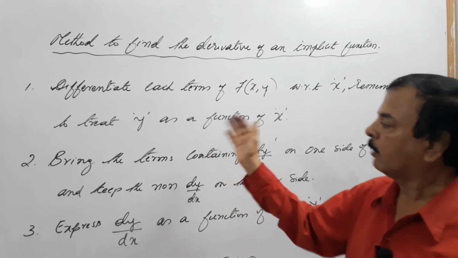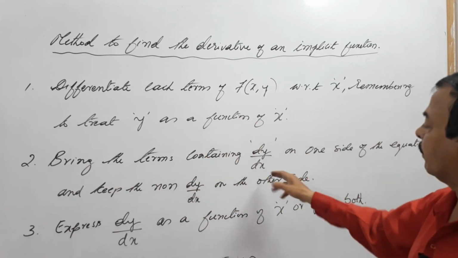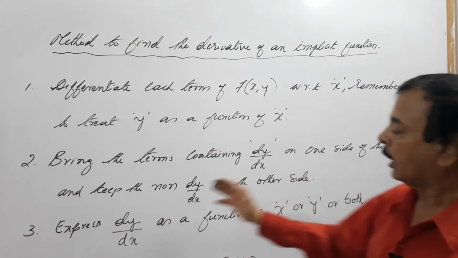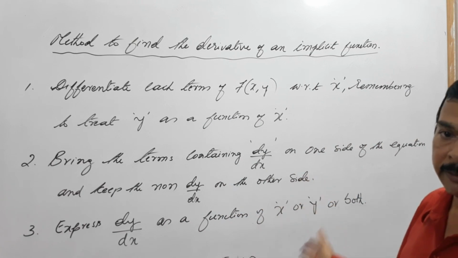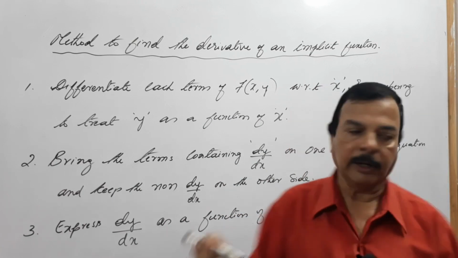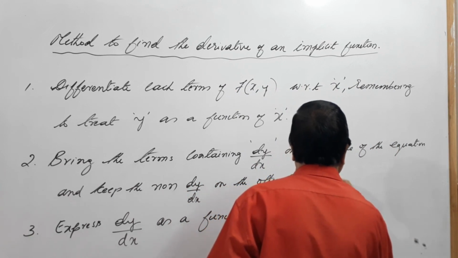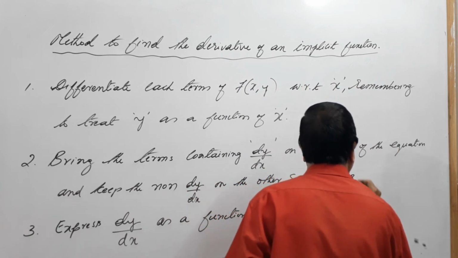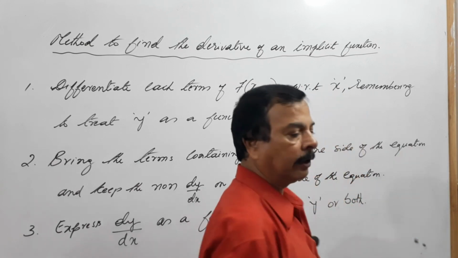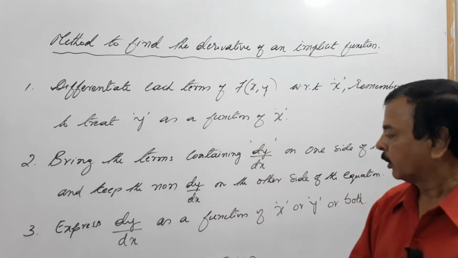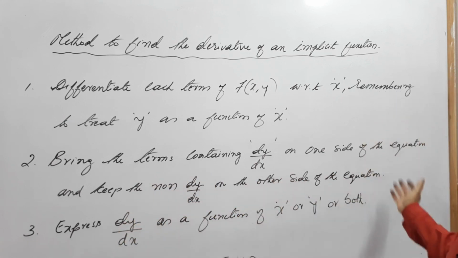Second one, bring the terms containing dy by dx on one side of the equation and keep the non dy by dx on the other side of the equation, that is, keep dy by dx on left hand side, other non dy by dx terms on the right hand side.